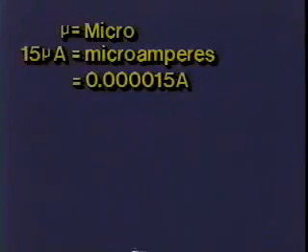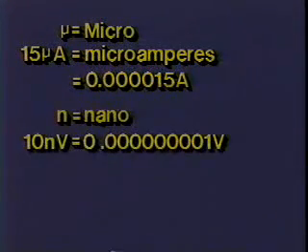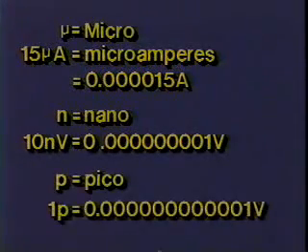The Greek letter mu stands for micro, as in 15 µA, 15 microamperes, 15 millionths of an ampere. And the letter n represents the prefix nano, 1 billionth. 10 nV is the same as 10 billionth of a volt. And finally we have the letter p for pico, 1 trillionth.